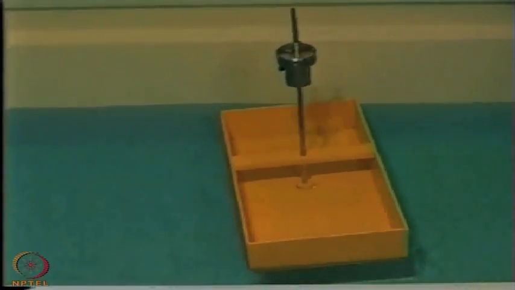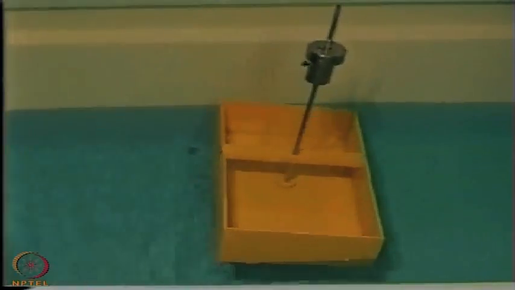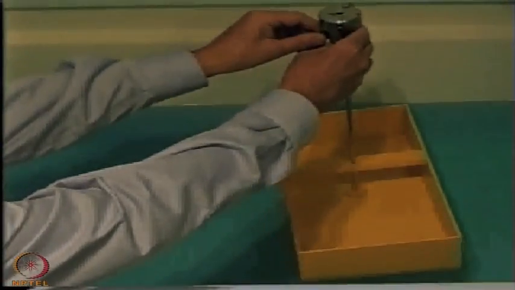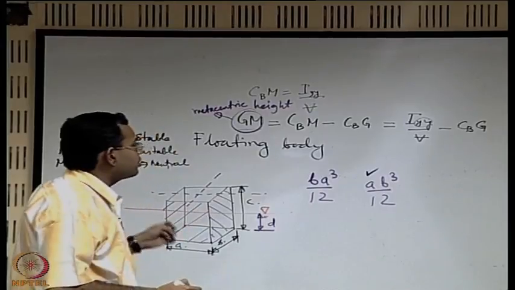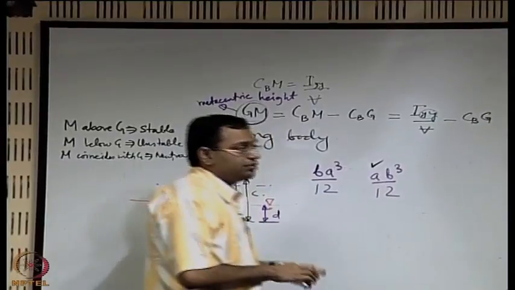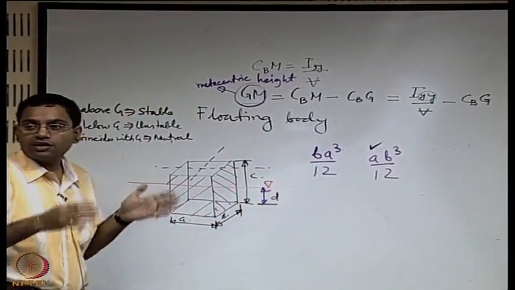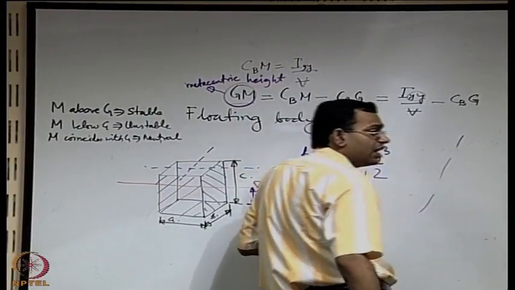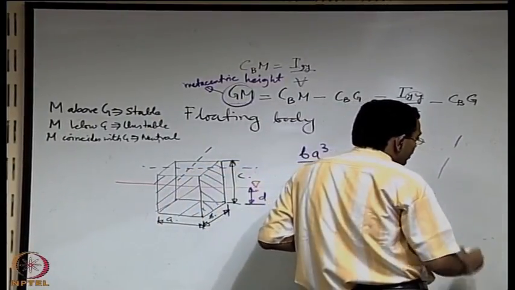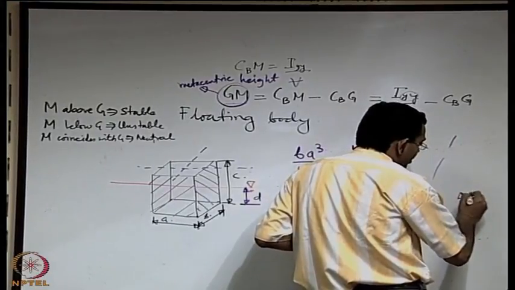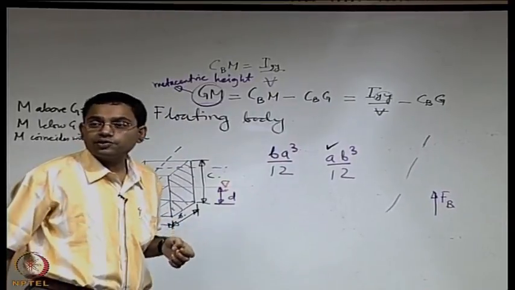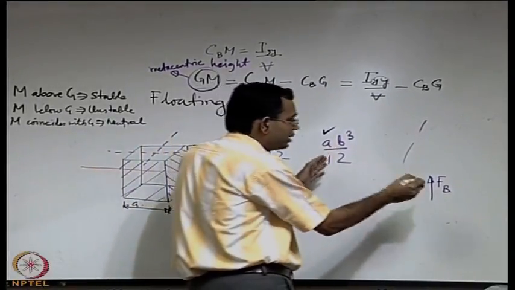So for small deflection you could see that it oscillates like a pendulum. When it oscillates like a pendulum, it has a time period, and that may be calculated by calculating the moment of the resultant force with respect to the axis. If you have a tilted axis like this, and a force Fb, which is the buoyancy force, this force has a moment with respect to the axis of the body.